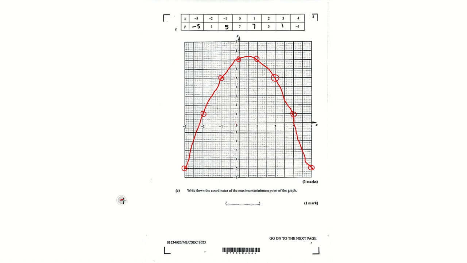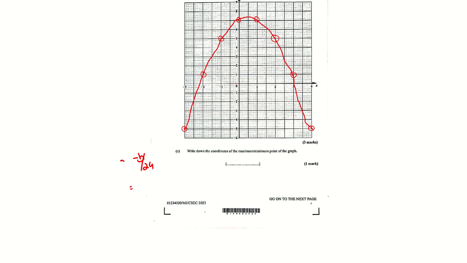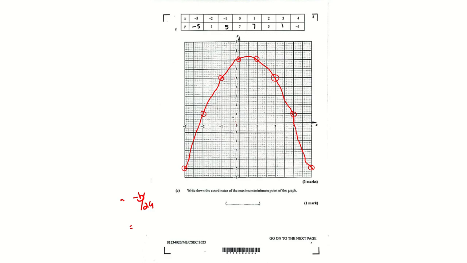We know that your axis of symmetry is minus b over 2a, which would be, what is b? That is minus 1 over 2 times negative 1, which would give you positive a half. That's your maximum point.